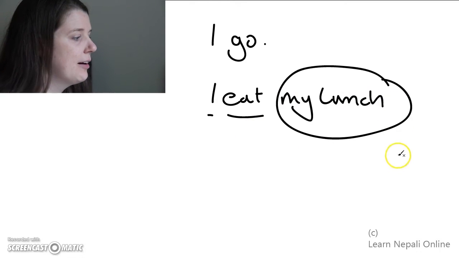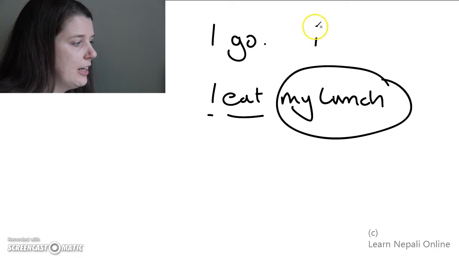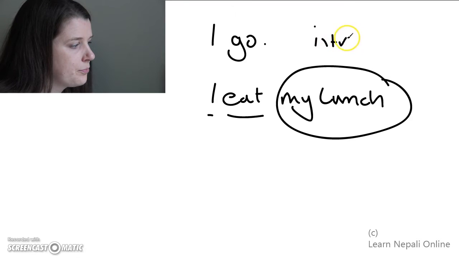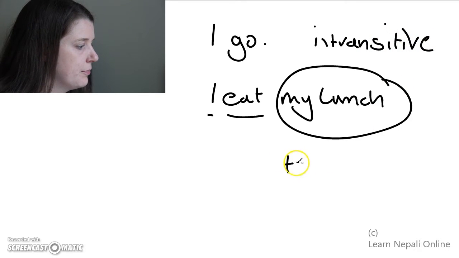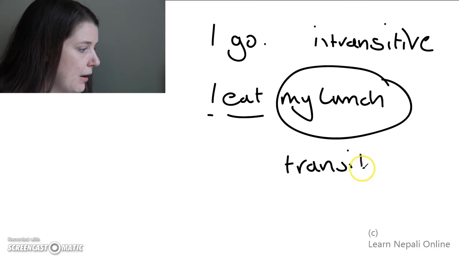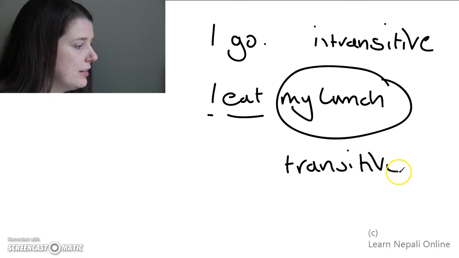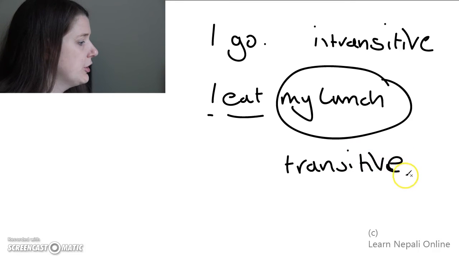So that makes it the direct object. So this is the difference between intransitive and transitive. Okay. So that is basically all you need to understand.